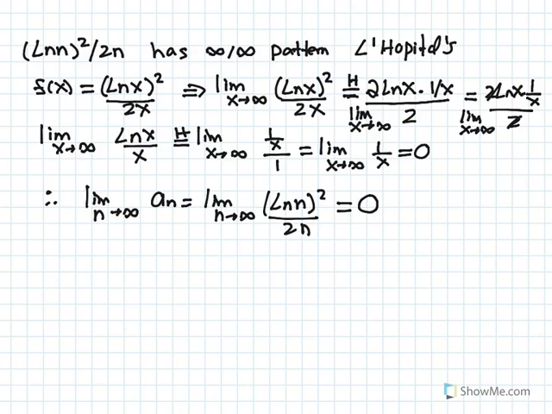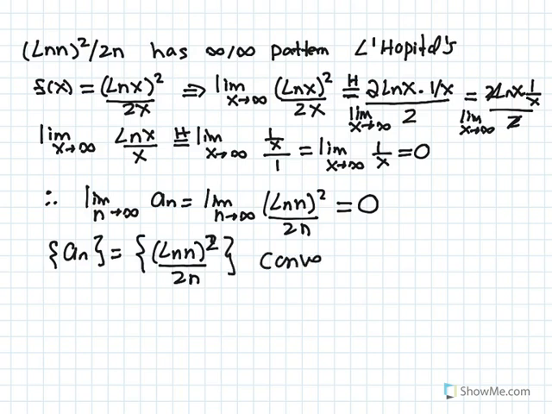So our conclusion is that the sequence a_n equal to (log n)^2 divided by 2n converges to 0. It has a converging limit of 0.